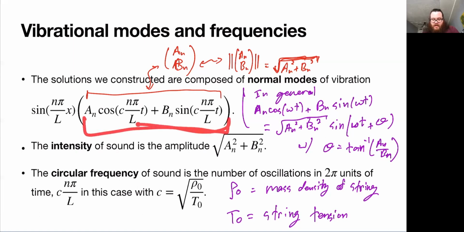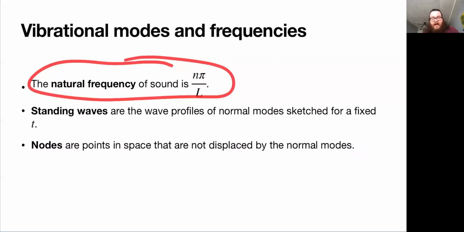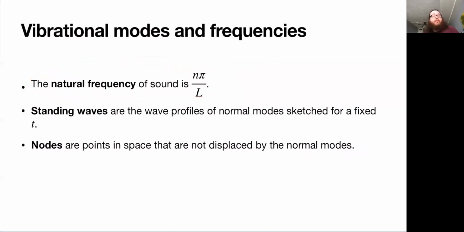If you fix a t right here, this is now going to be a constant, and then as you vary x, this is going to oscillate up and down. So not only do these normal modes oscillate in time, they also oscillate in space. The question is, what's the rate of oscillation in space? Those we're going to call the natural frequencies of these normal modes. These are very similar to before: the coefficients for the variable x in these normal modes.